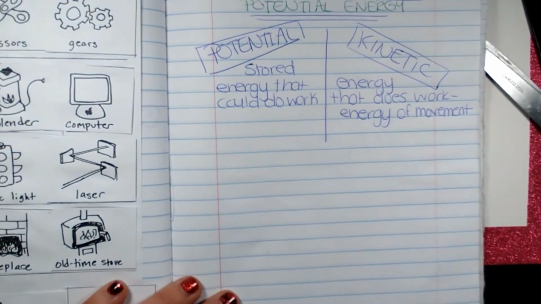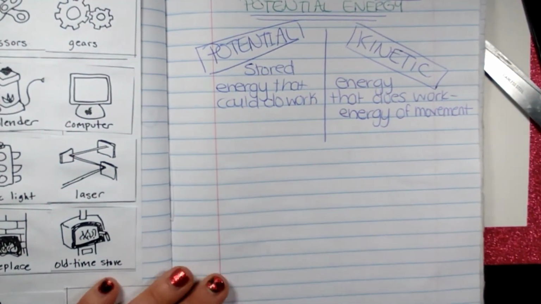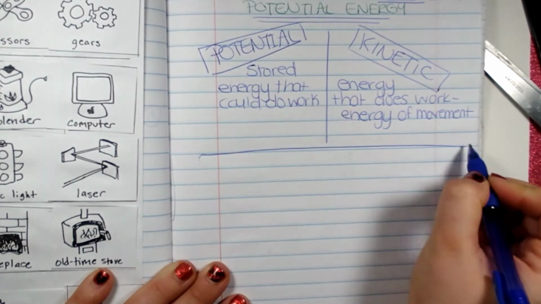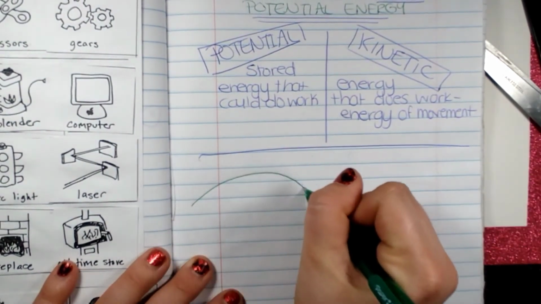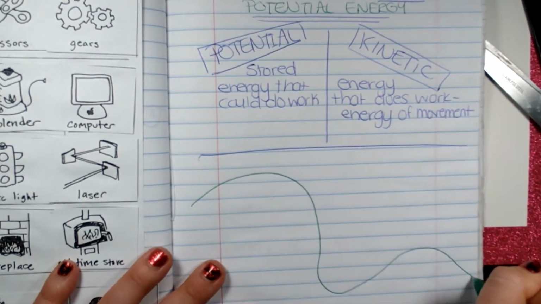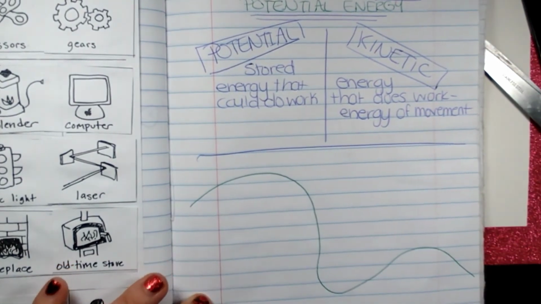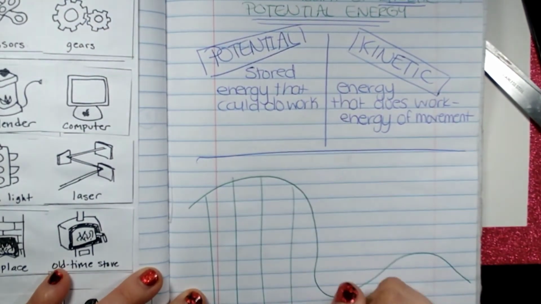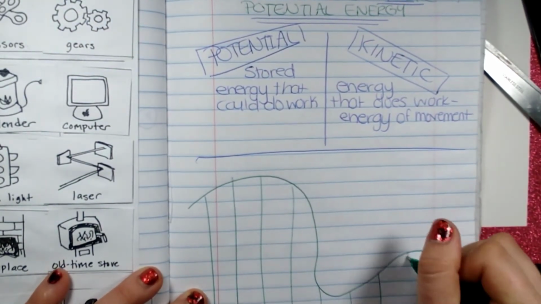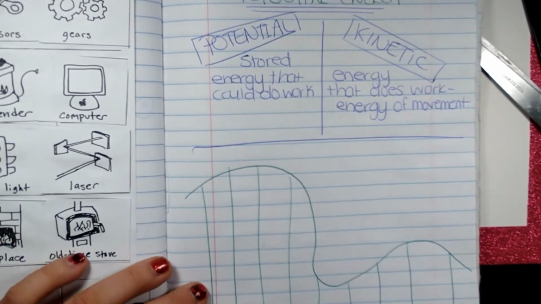Okay, so we're going to draw a picture here. We are going to draw a roller coaster. Let's draw these. Of course, we have to have our supports here, right?